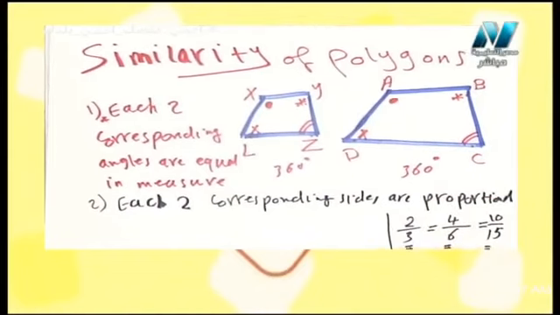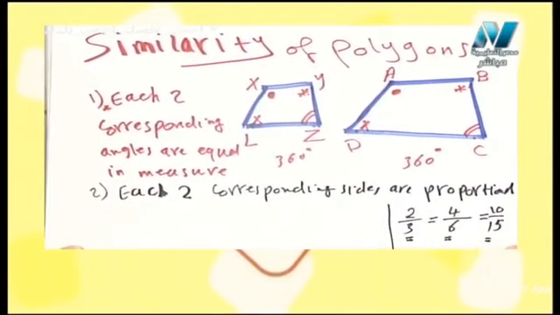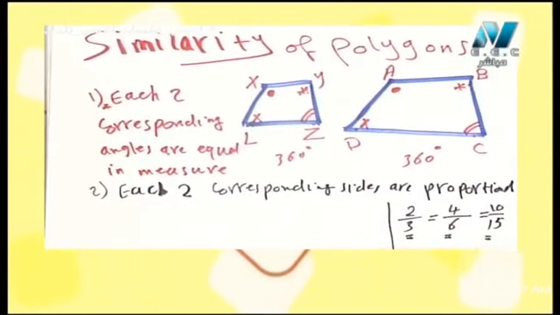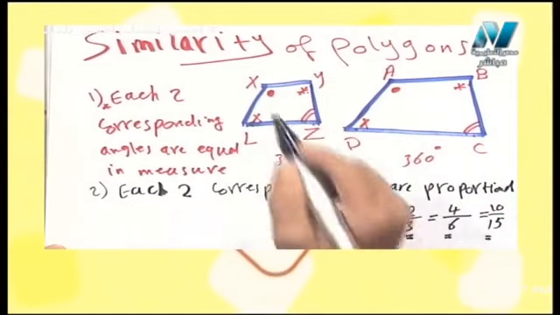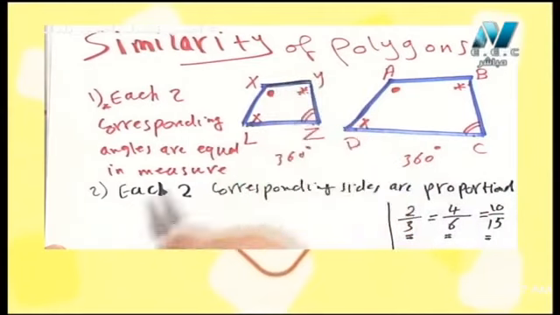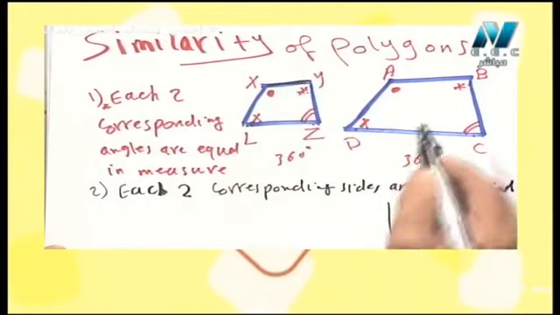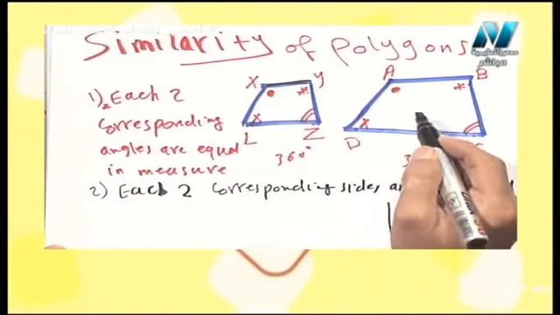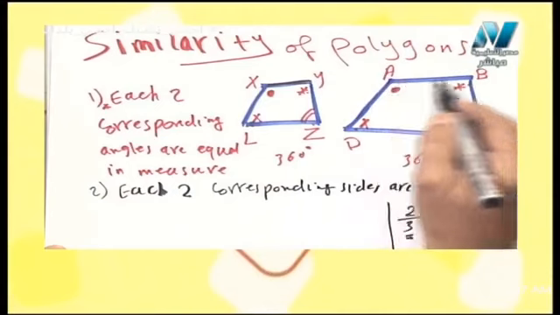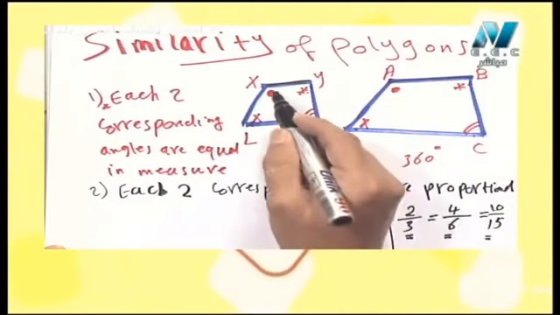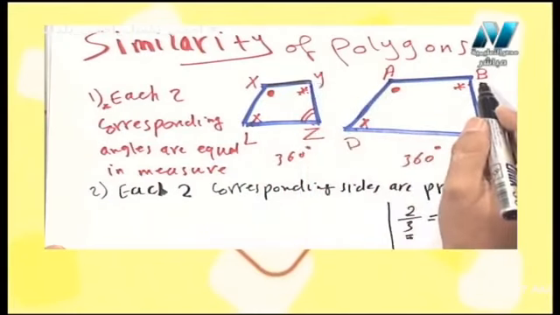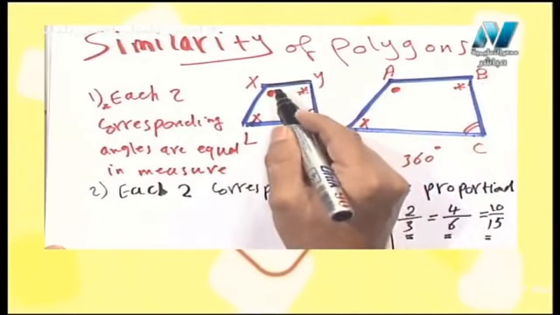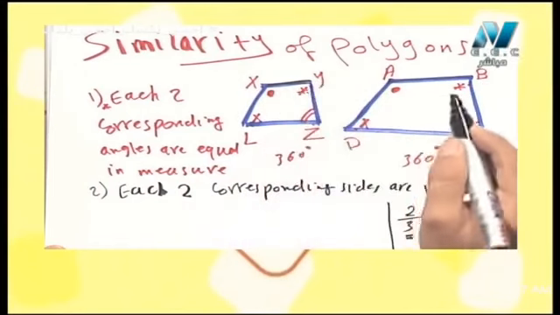If we talk about proportionality of each two corresponding sides, first we ask ourselves what the corresponding sides are. The side XY: what is the corresponding side in the second shape? Of course, intelligent students say AB. Why AB? Because X corresponds to A and Y corresponds to B, so the side XY corresponds to AB.